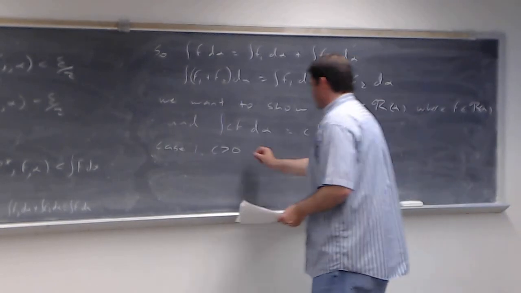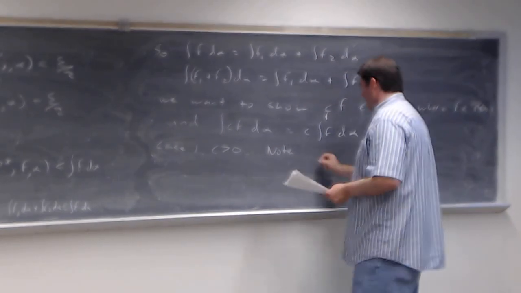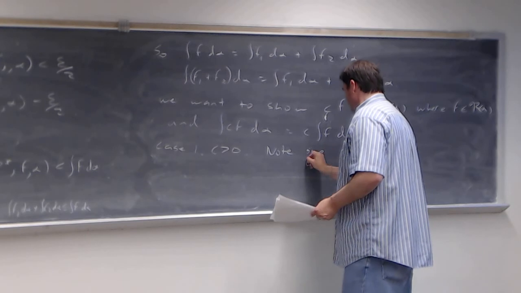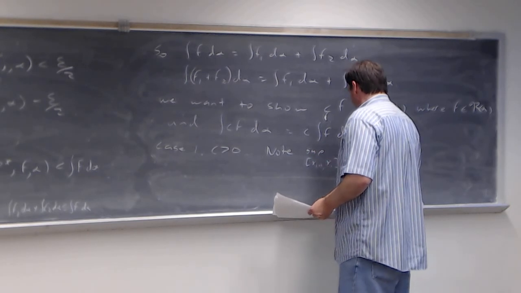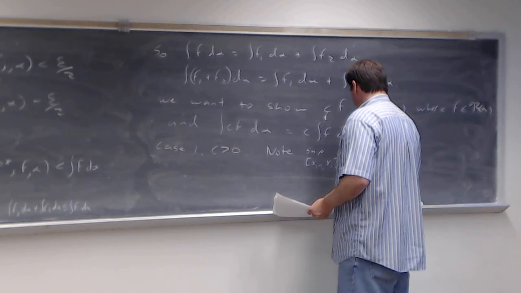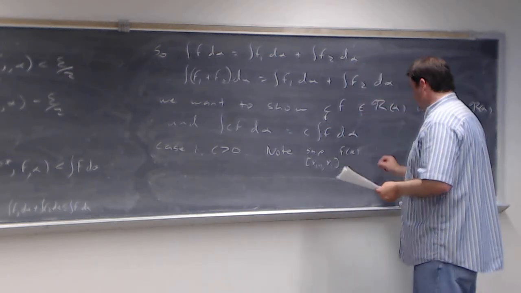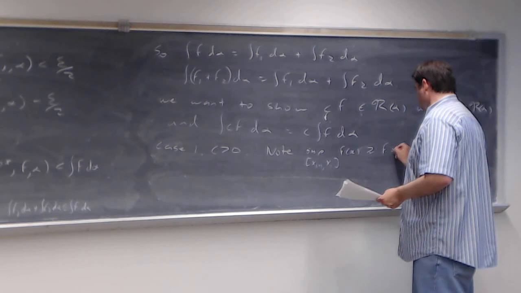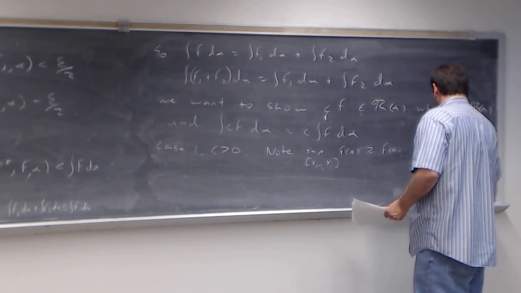Now here's what we're going to say. We're going to note that the supremum over the subintervals from x sub i minus 1 to x sub i for any partition of the f of x is going to be greater than or equal to f of x, and that's for all x in this subinterval.